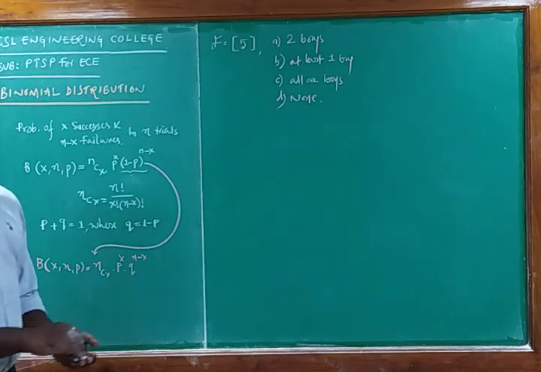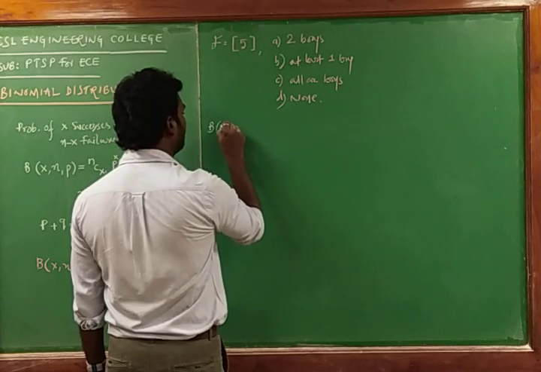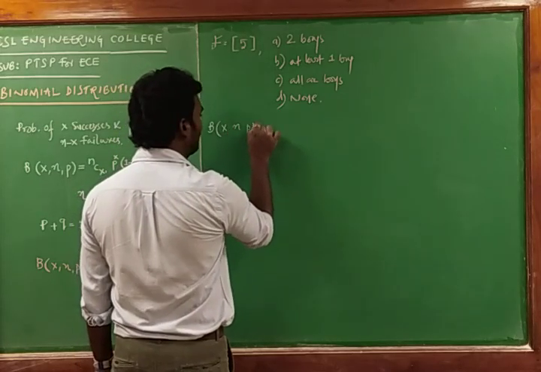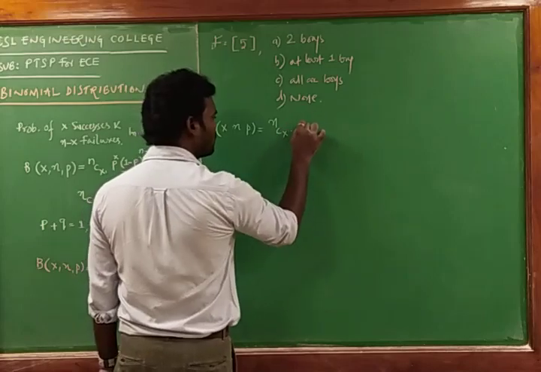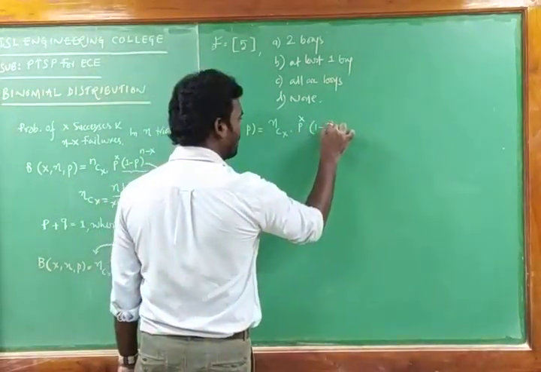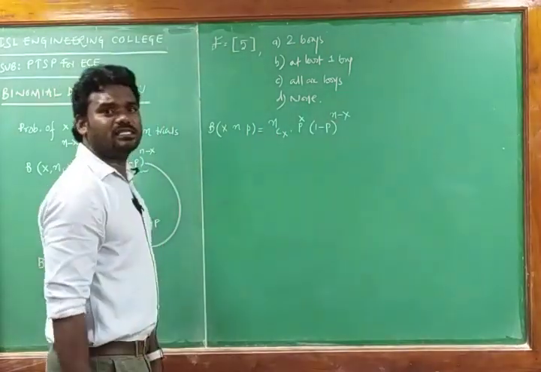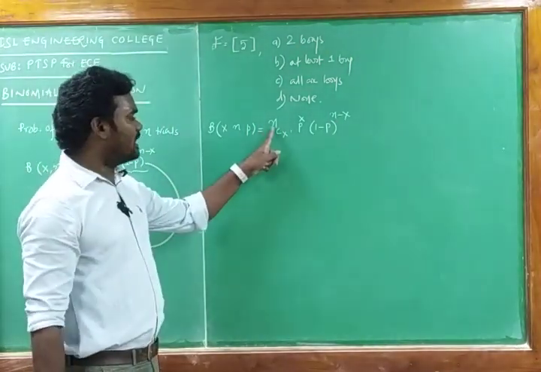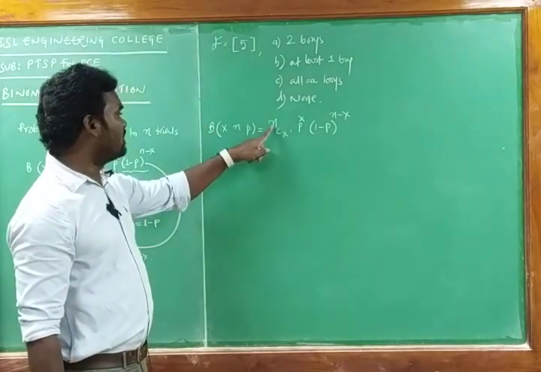So that we are going with what? We are going with the standard formula, binomial distribution of x comma n comma p is equals to nCx into p to the power of x into 1 minus p to the power of n minus x, where n is nothing but the number of trials, that means the total number of children.